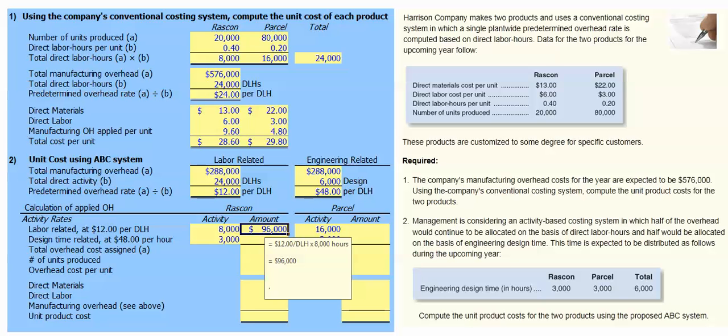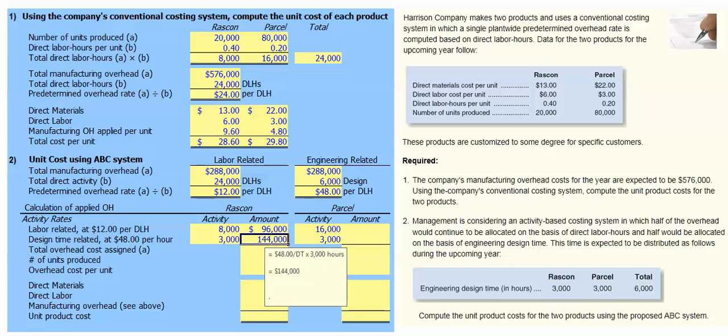This means that the labor-related overhead allocated to the Rascon will be $96,000. This is our predetermined overhead rate of $12 per direct labor hour multiplied by 8,000 estimated hours.